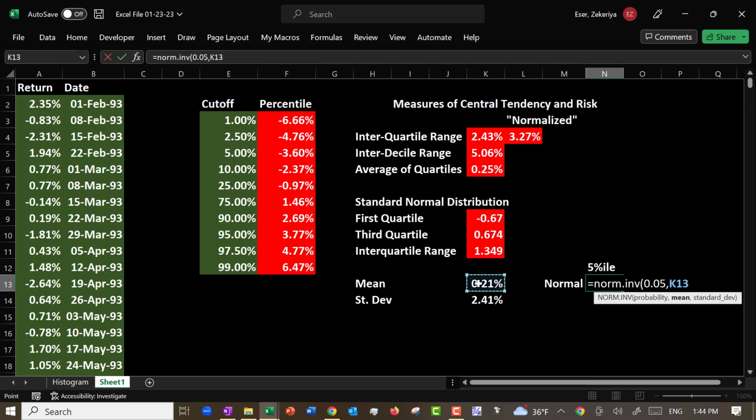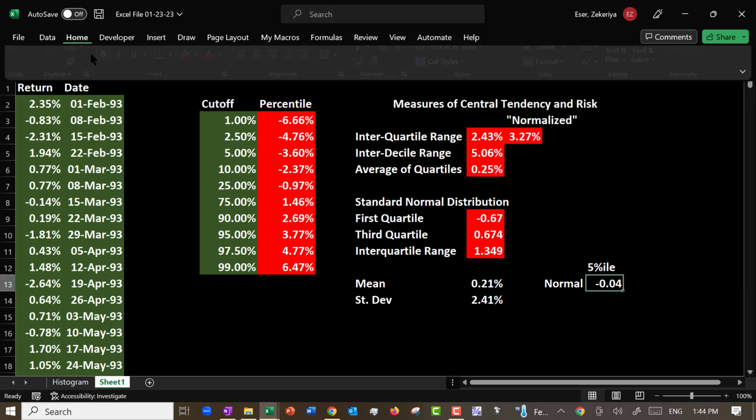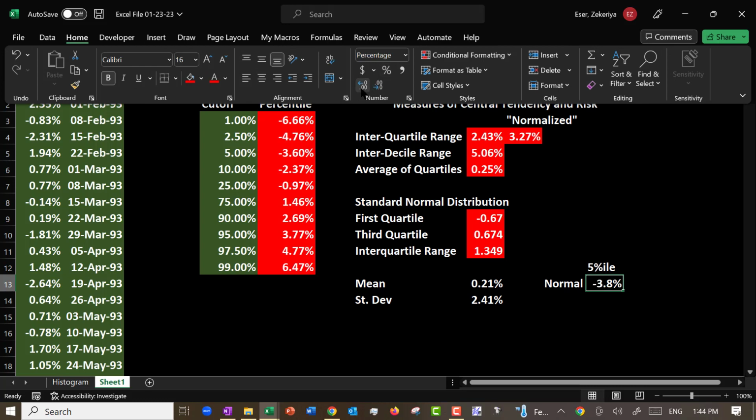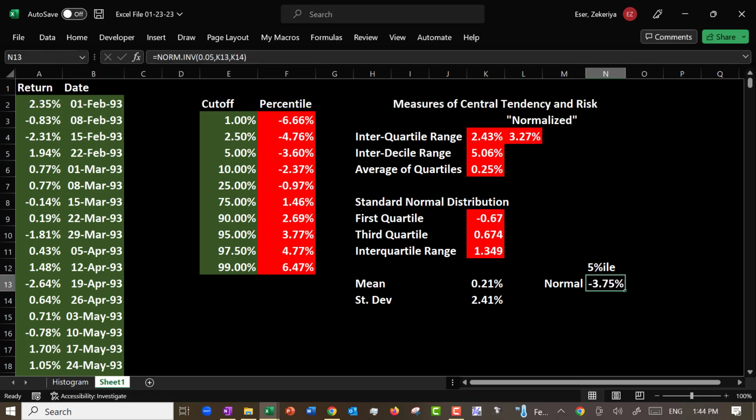I want the mean to be that and standard deviation to be that. This basically says if stock returns were normally distributed, the fifth percentile would have been at negative 3.75.